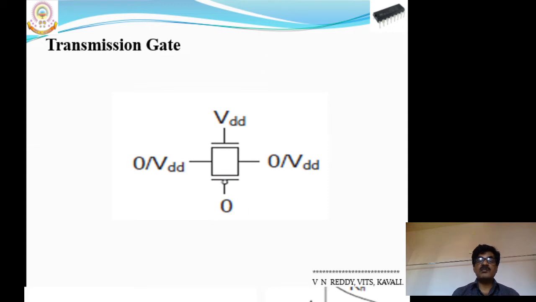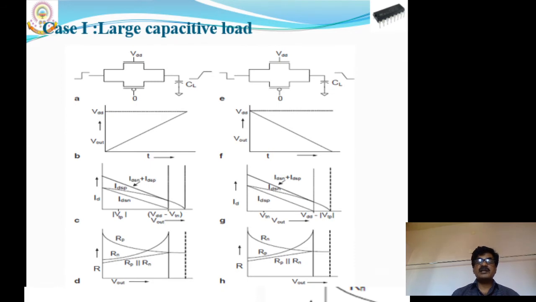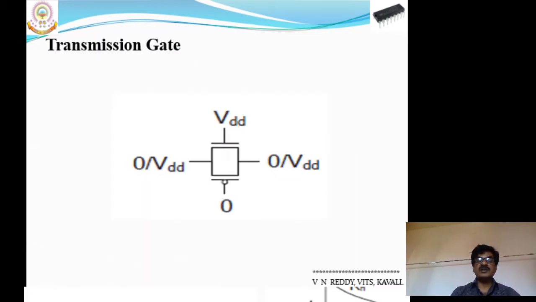So it needs complement gate voltages. This is the symbol for the transmission gate. Now let us see the operation of the transmission gate in two cases: one is the large capacitive load case and another one is the small capacitive load case.